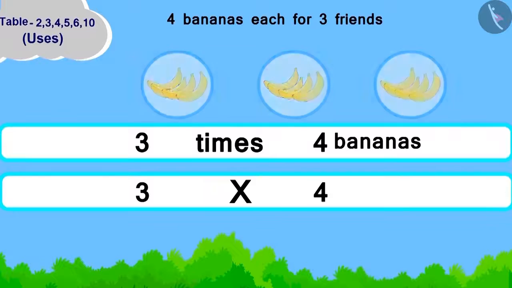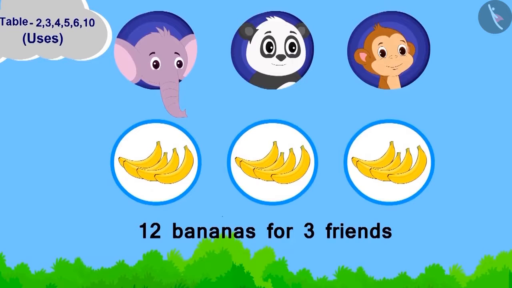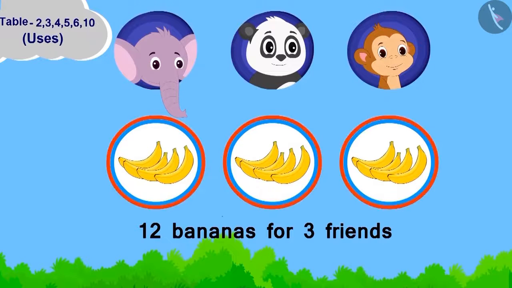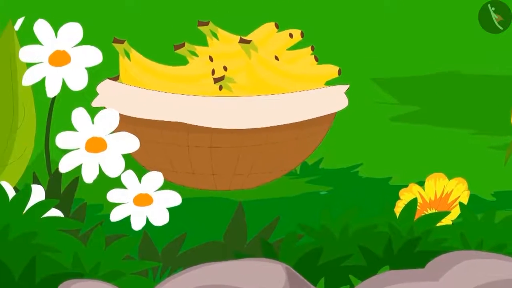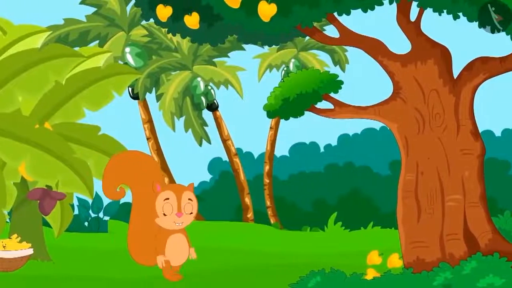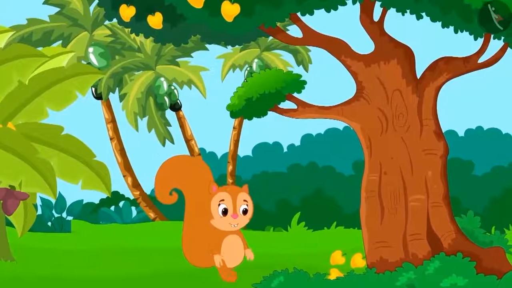Children, can you write its answer by using the table of 4? Absolutely right. Chanda will have to take 12 bananas for her 3 friends. Chanda filled 12 bananas in a basket and she started walking in her garden.